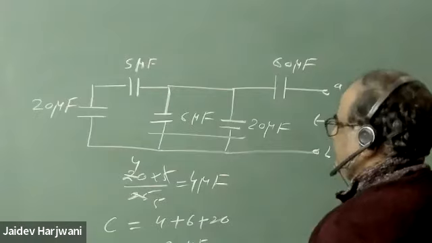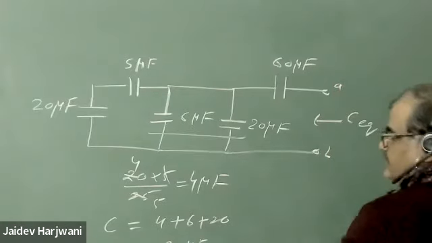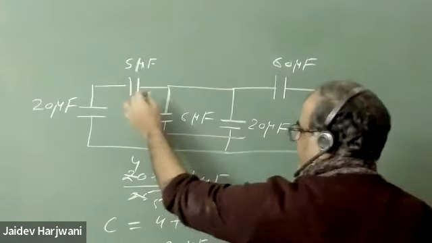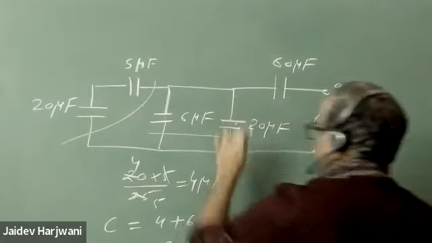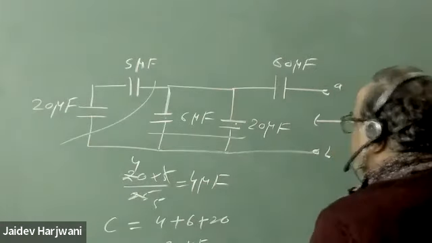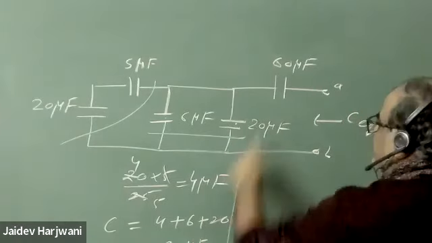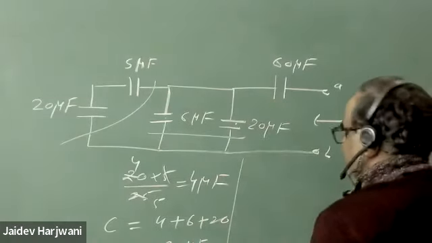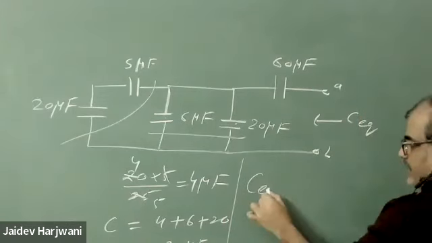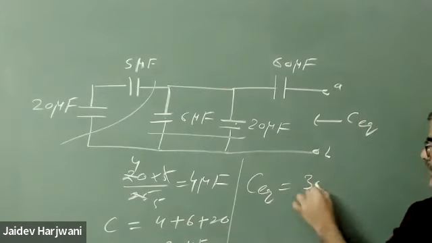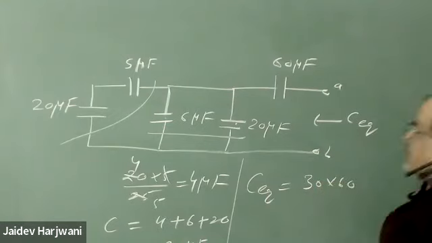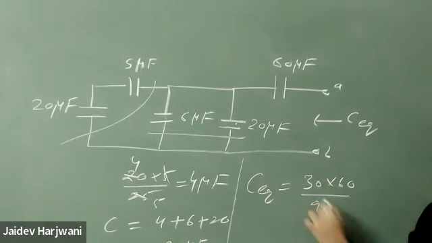Okay, are you getting what I'm doing? So the sum of these three is equal to 30 microfarad, and then this equivalent 30 microfarad is in series with this 60 microfarad. So this will give me C equivalent equals 30 into 60 divided by 90 microfarad.